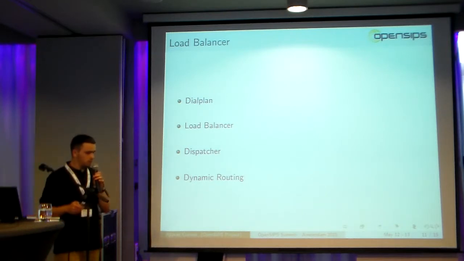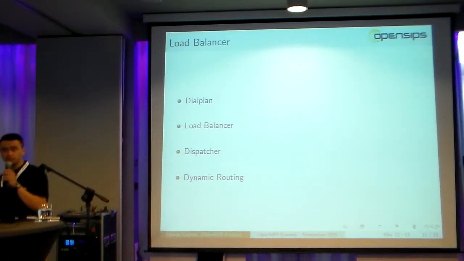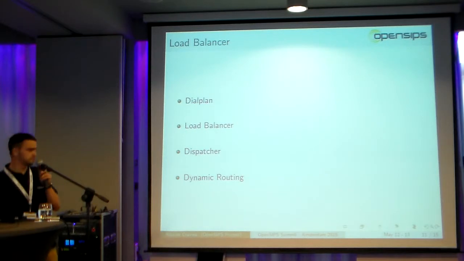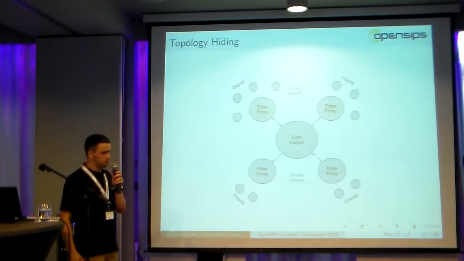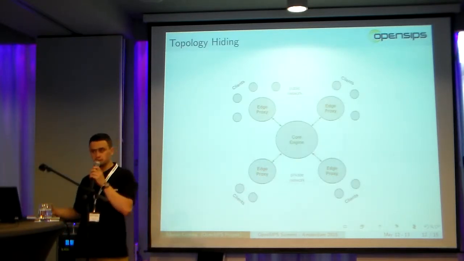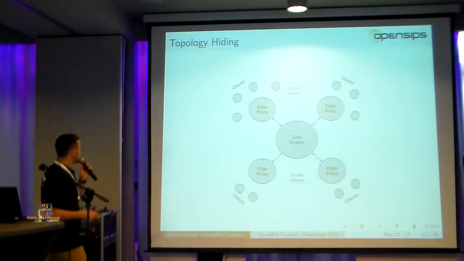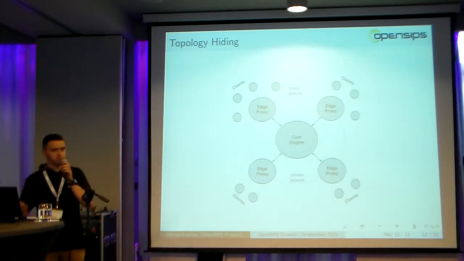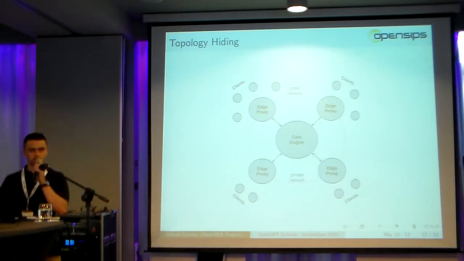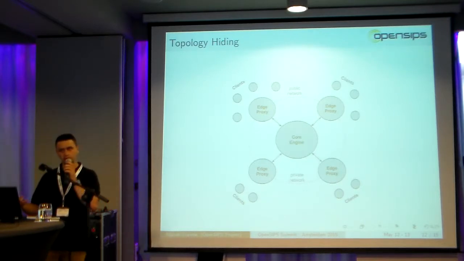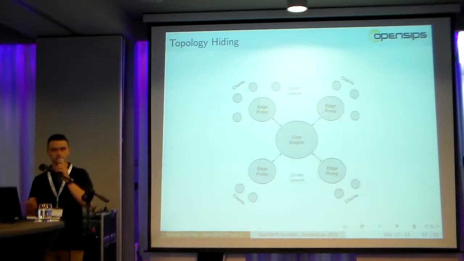A very necessary thing when having an edge proxy and a very complex network is that your clients or your customers should not be aware of your topology, because if they are aware, then you are somehow vulnerable.